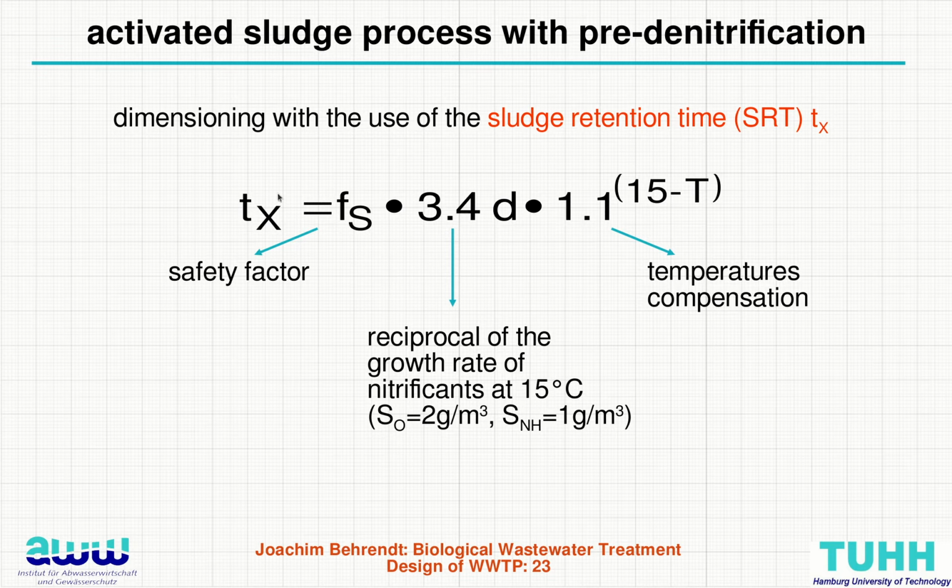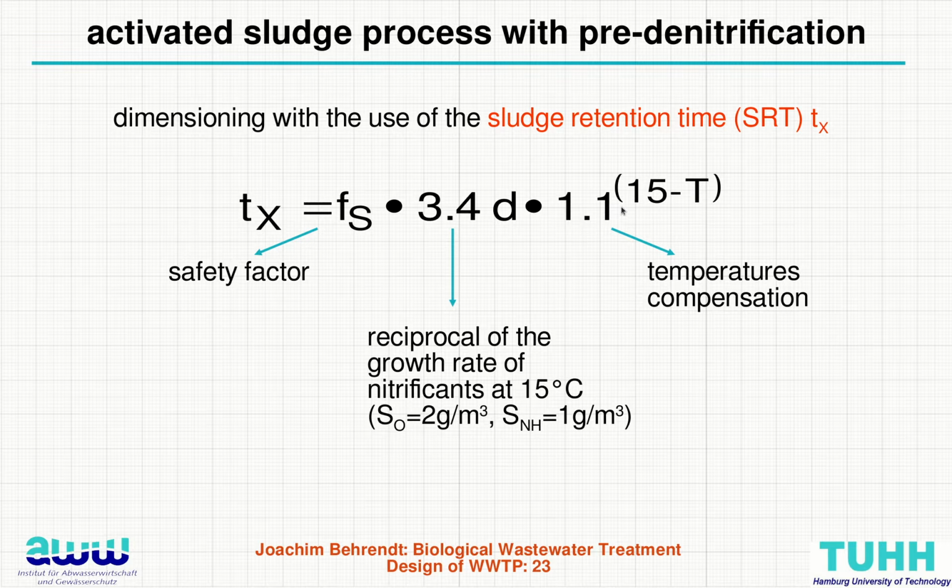First of all, we need to find out our sludge retention time. There we have a look at the autotrophic microorganisms. We have already learned that the growth rate and the sludge retention time are bound together. So we are using the reciprocal of the growth rate for nitrificants at a temperature of 15 degrees with low oxygen concentration and low ammonia concentration.